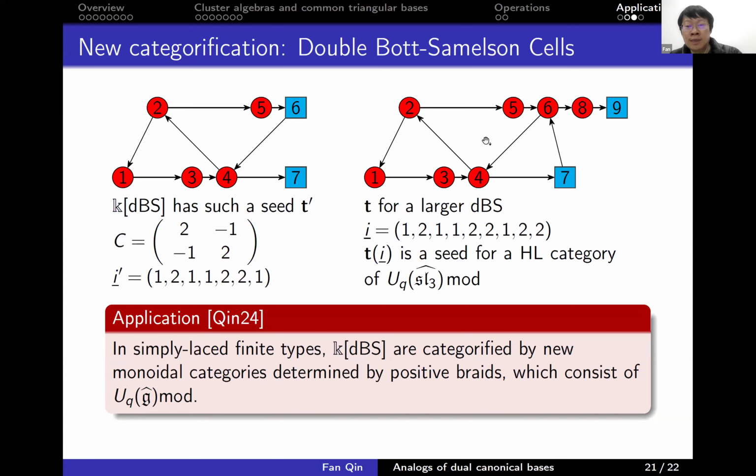So it is the seed for the cluster algebra, which is isomorphic to a Grothendieck ring of a monoidal category. So here, it is exactly categorified by a monoidal category. Then we can show that in simply laced finite types, namely in AD type, this cluster algebra is exactly categorified by some new monoidal categories determined by these positive braids, consisting of quantum affine algebra modules by taking a subcategory. So you can do something stronger.